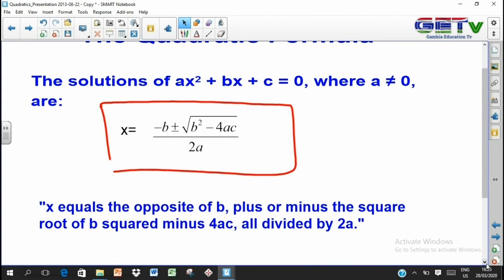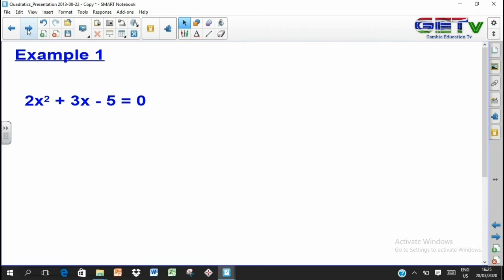So to read this formula, we read it as x equals the opposite of b plus or minus the square root of b squared minus 4ac, all divided by 2a, like I mentioned. We have an example to look at together, and I will expect you to work with me as the steps will be stated clearly.